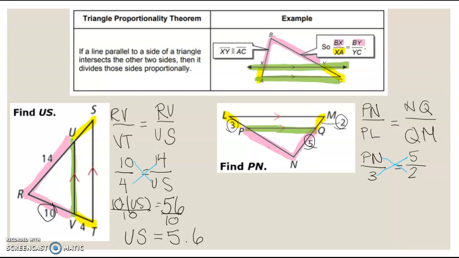Well, PN times 2 is just 2 PN, and 3 times 5 is 15. In order to get that PN by itself, I divide by 2, and I get PN equals 7.5.